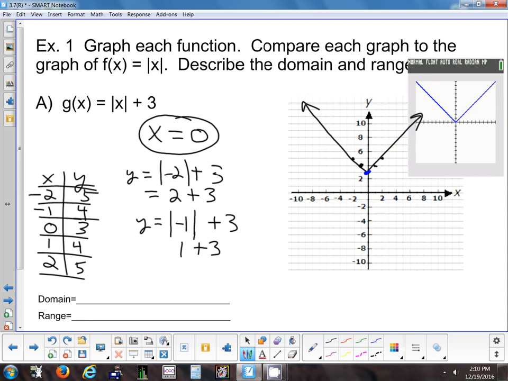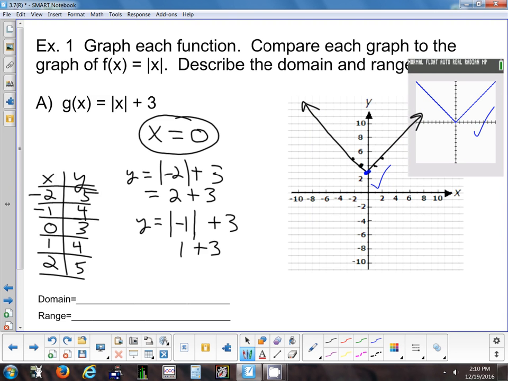Okay, so the vertex of this one has been shifted. How? Compare this to that. What's the difference? It went up how many? 3. Okay, it went up 3.